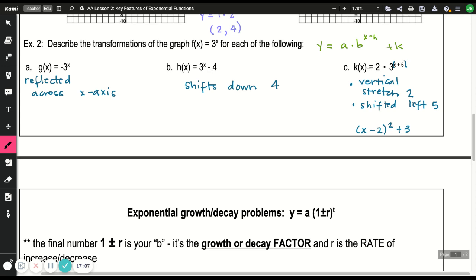If there's an initial value, a number in the front, that's a vertical stretch. And finally, if there's a number added or subtracted in the exponent with the x, that shifts left and right, and it's opposite of the sign. So since this is plus 5, it's going to be shifted left 5.